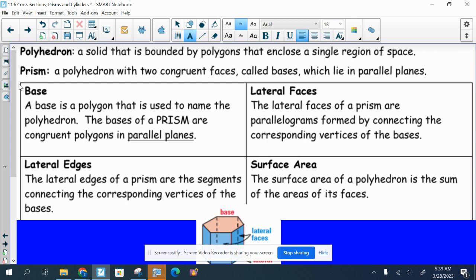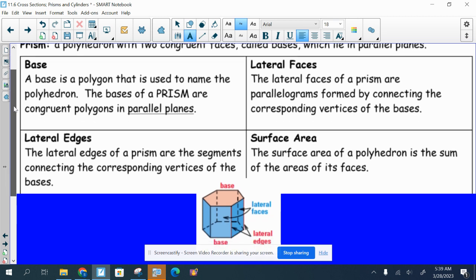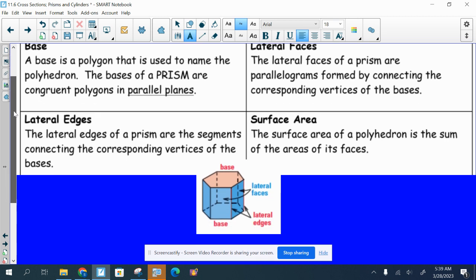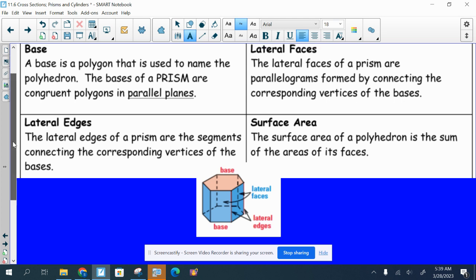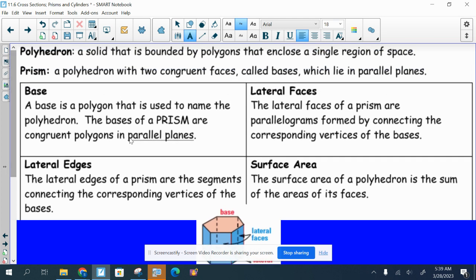That's a prism. So a prism is different than a pyramid because a pyramid has a base and then it comes up to a point at the top, but a prism has two bases that are parallel to each other, and then the lateral faces. Some of these terms we don't have to worry about, like the lateral edges and the lateral faces.